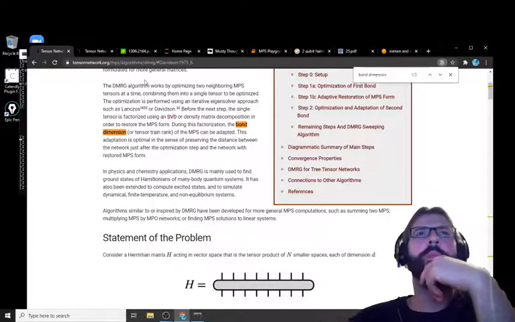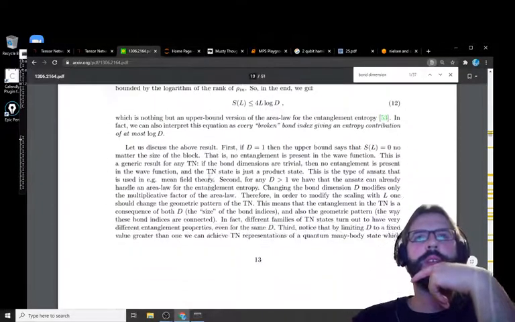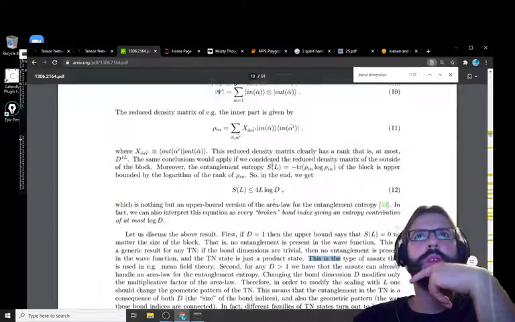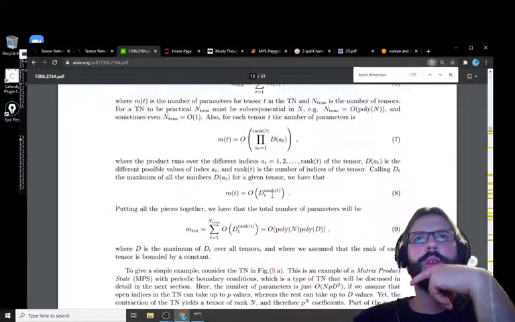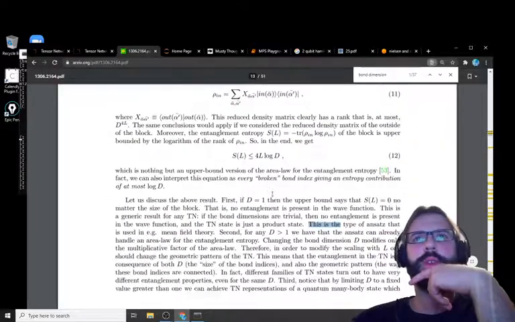It's a bit difficult to grasp, I think. Oh, look, this is the typical type of ansatz that is used. This is so heavy that I'm too lazy to read through all of this.